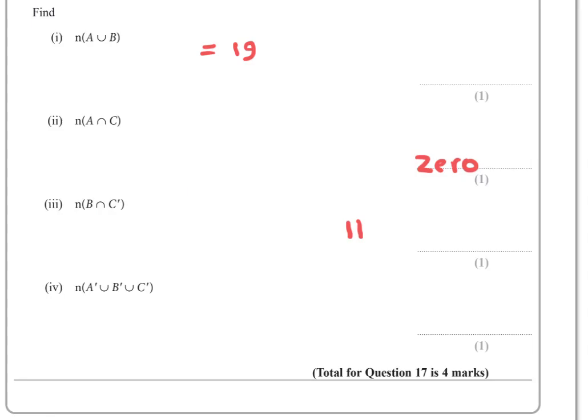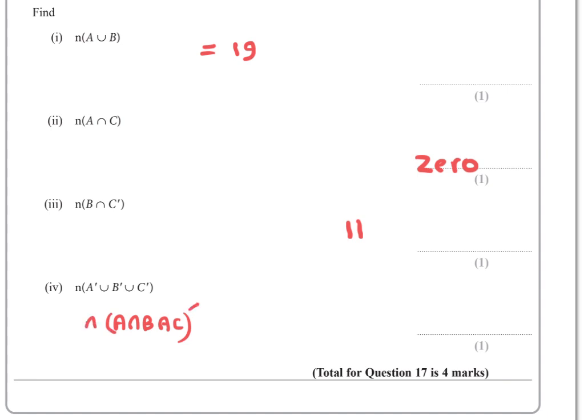IV, n of not A union not B union not C. Not A union not B union not C, we can write in a different way. Not the intersection. This means A intersect B intersect C, all not.